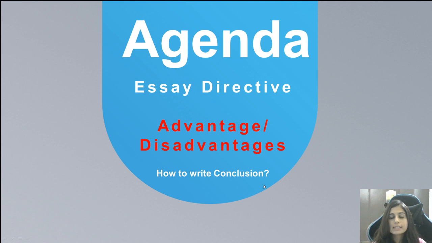So this is a wholesome package. You'll learn a lot of things today: how to write the essay for advantages and disadvantages directive, how to conclude your essay, and along with that you'll learn about the second parameter, which is cohesion and coherence. Alright, so let's move ahead.